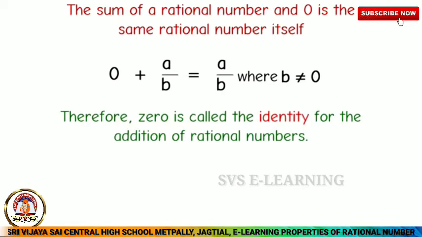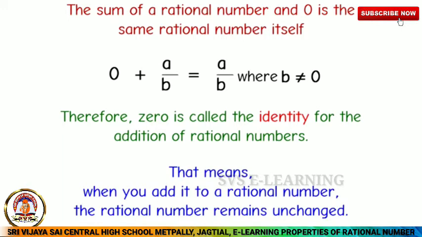Therefore, 0 is called the identity for the addition of rational numbers. That means when you add it to a rational number, the rational number remains unchanged.